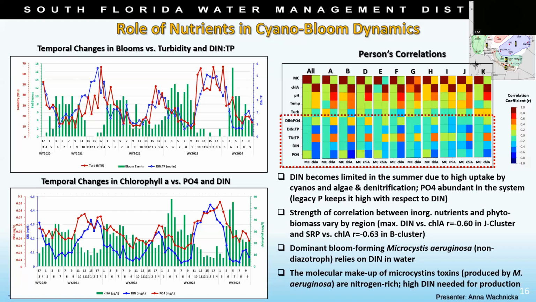So what is the role of nitrogen or nutrients in cyanobacteria bloom dynamics? Here is a ratio between dissolved inorganic nitrogen and TP. Usually when this ratio is below about 2.5, that's when we have nitrogen limited conditions.